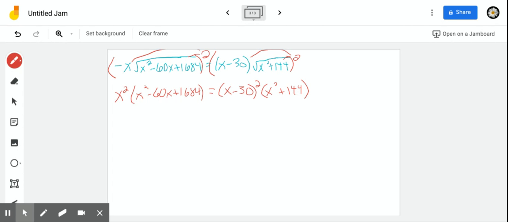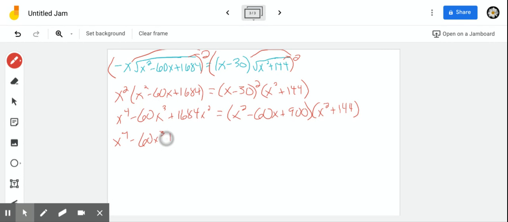Okay, so let's start distributing. We have x to the 4th minus 60x cubed plus 1684x squared. On this side, I'm first going to have to FOIL that. So x squared minus 60x plus 900. And then x squared plus 144. All right, and now on the right-hand side, I'm going to have to keep multiplying that out.